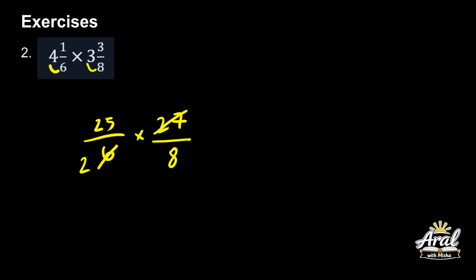Ito, 27 divided by 3 is 9. Okay. So, ang multiply mo na lang is 25 times 9. Okay. 25 times 9 is 225. 2 times 8 is 16.